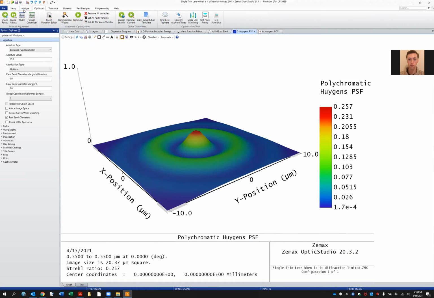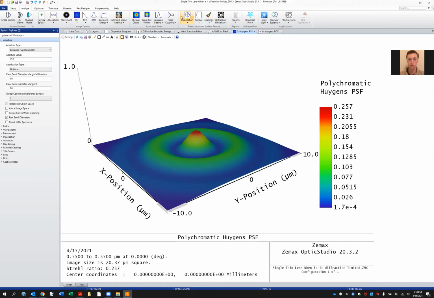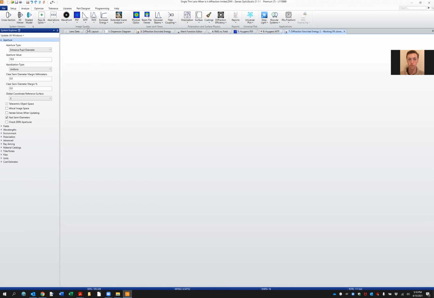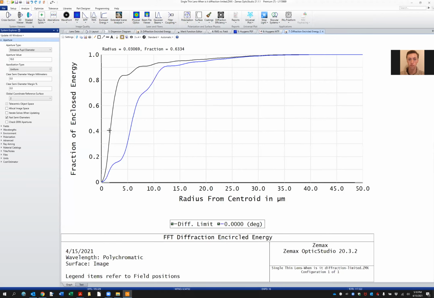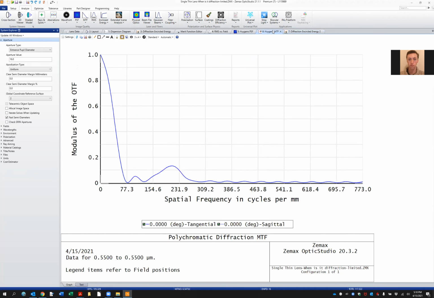That's one of the signatures of something that's aberration limited. We could also look at the enclosed energy diagram, and we'll do it with the diffraction calculation. And we could see again that the enclosed energy no longer matches up with the ideal for the diffraction limit.